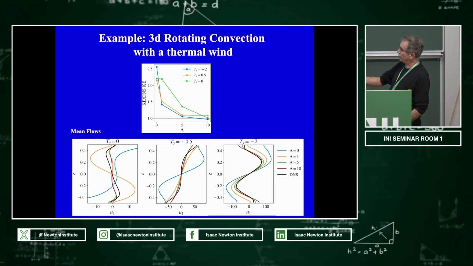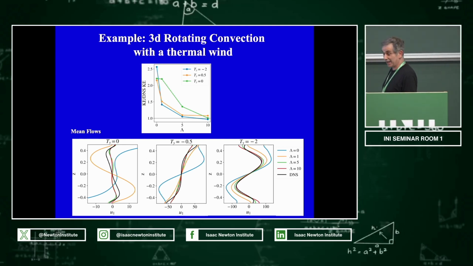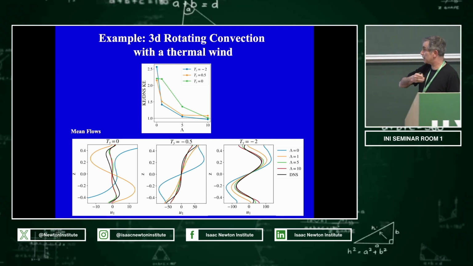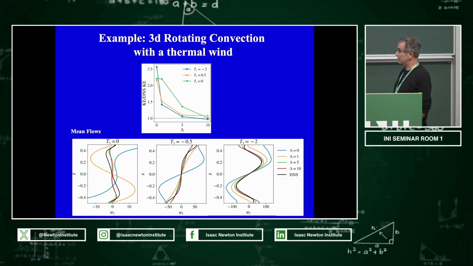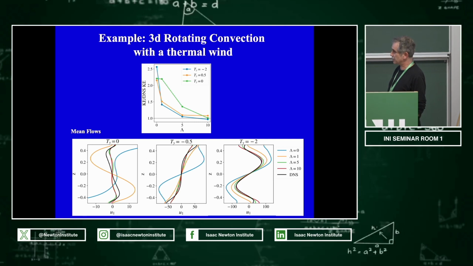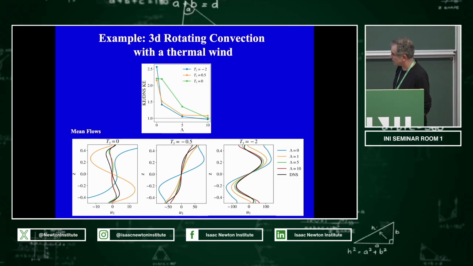This is just showing how the kinetic energy over the DNS kinetic energy changes as I change this cutoff, and you can see that in the sheared cases, you have to get to smaller lambda to get the right answer. How well does it do in getting the mean shear? Well, all of the quasilinear approximations, until you get to lambda equals 10, do very poorly.